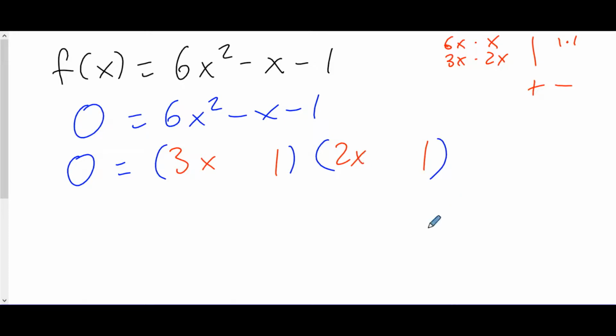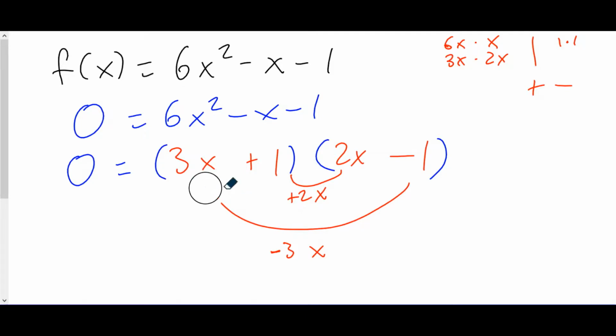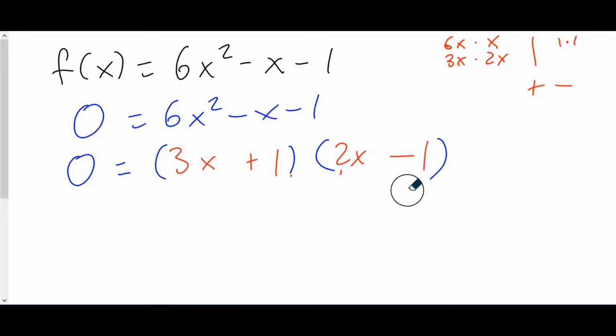So if I put in 3x and 2x, my middle terms would be 3x and 2x. If I make one of those negative, can I get negative 1x? Sure. I'd want it to be more negative, so I want this to be negative and this to be positive. So that'll be negative and that'll be positive. And that means I have factored it fully.